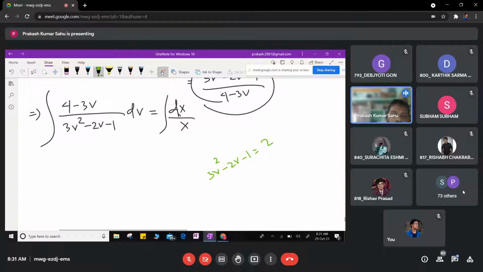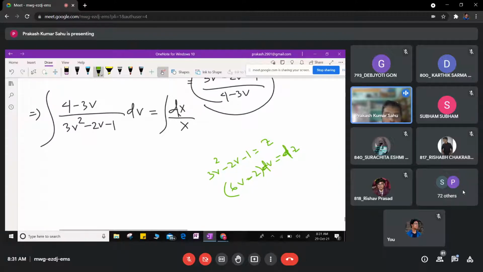Okay, z substitute करूँगा तो उसका डेरिवेटिव हो जाएगा 6v minus 2 is equal to 6v minus 2. This is dv is equal to dz. Okay, तो मुझे न्यूमरेटर में क्या है? This is minus 3v plus 4.